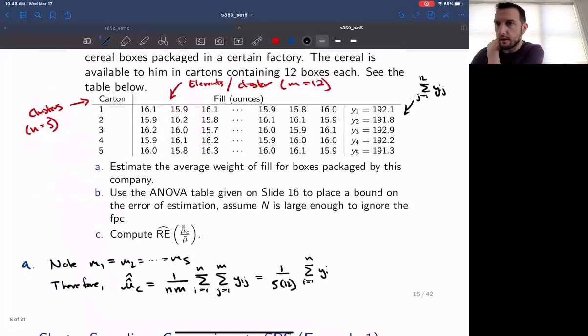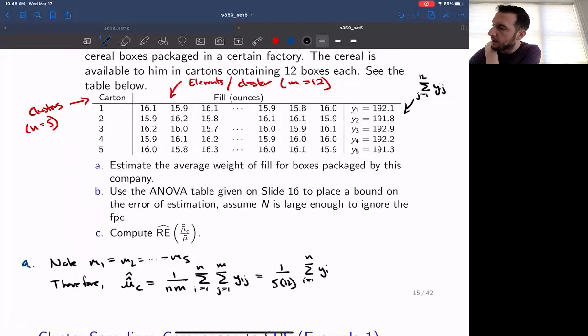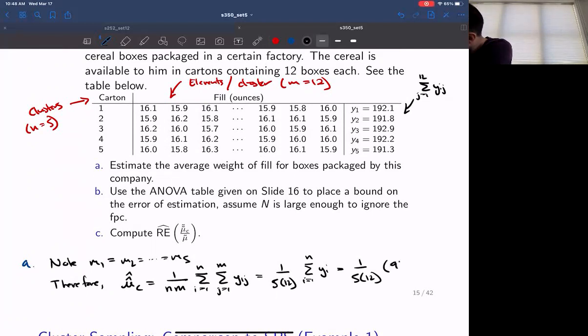So, just for clarity, if you're a little confused about that, we already have the sum across the observations. If we wanted to use this formula directly, the yij would be each of the values inside the table here, right? So y11 would be 16.1, y12 would be 15.9, y21 would be 15.9, y31 would be 16.2, etc. But we already have the sum, so we can simplify this, and that gives us 1 over 5 times 12 of 960.3.